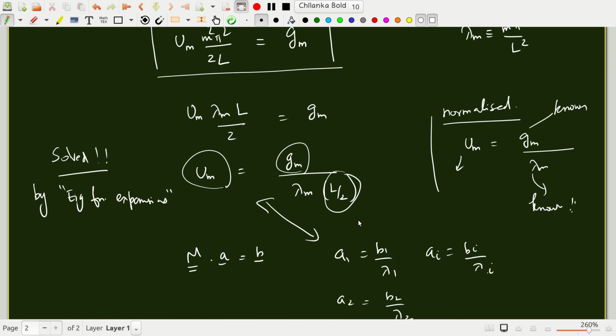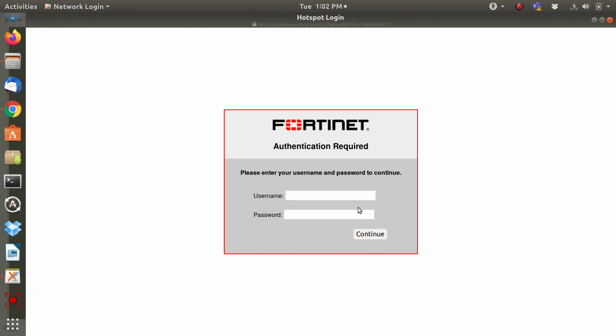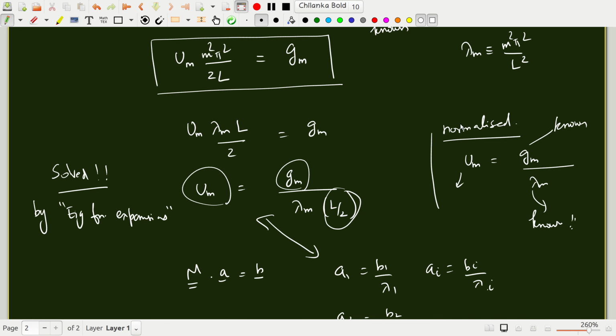Okay, so this is how one uses or exploits the method of eigenfunction expansion to solve linear differential equations of the type that I just showed. Okay, I'll stop here and I'll continue with a little bit more on functions and eigenfunction expansions in the next module. Okay, we'll stop here right now.